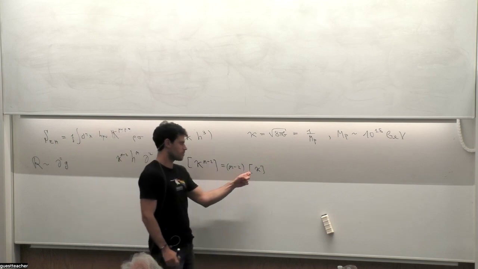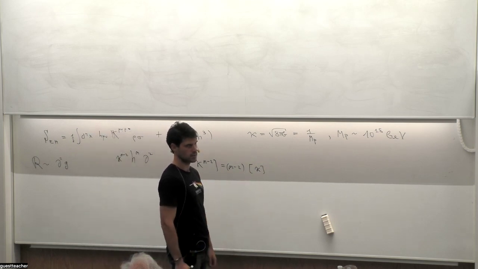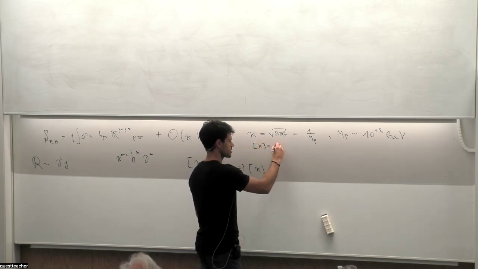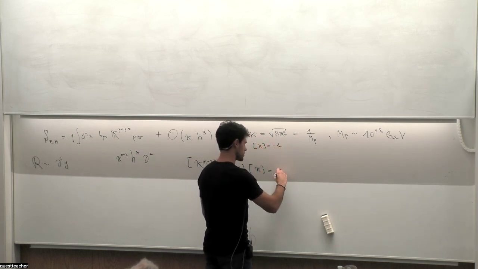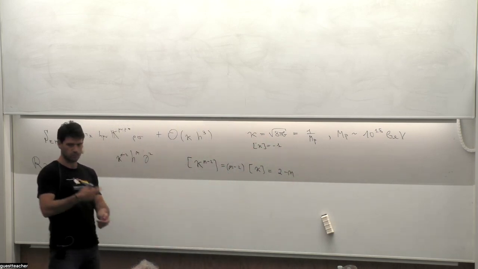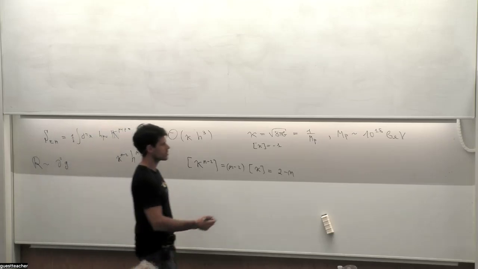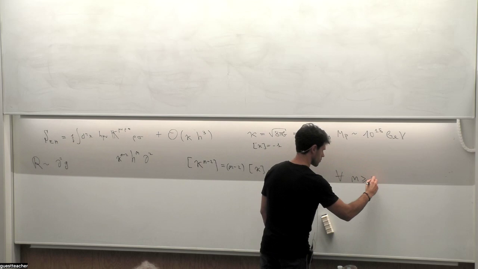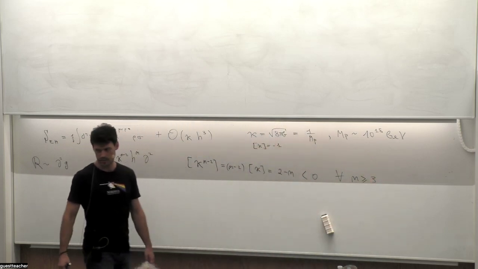Now, the dimension of kappa is -1 from here, because this is a mass. So what we get is 2 minus n. And of course, interaction starts from 3. So this is always negative for all the possible interactions you have in Einstein gravity.